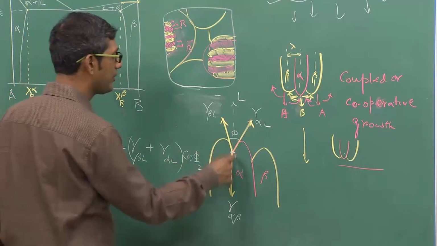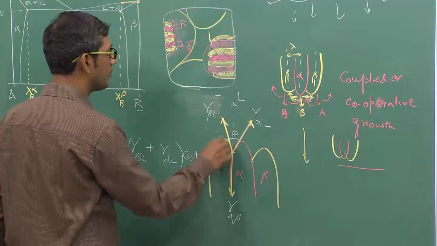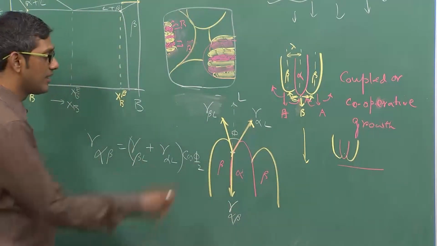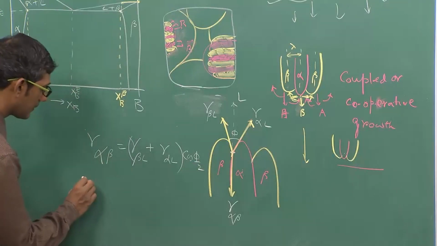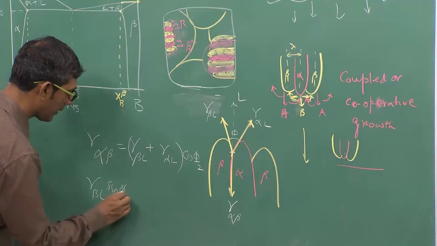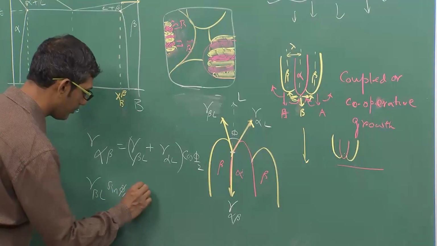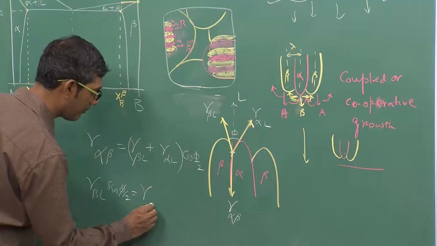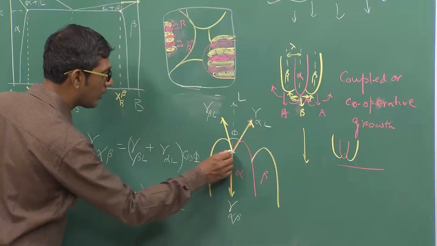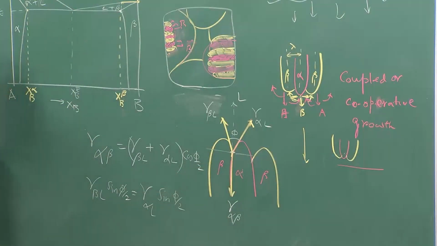The addition of these two terms in the vertical direction must balance this. Similarly, gamma beta L sin theta by 2 must be equal to gamma alpha L sin pi by 2. These two are the horizontal components.